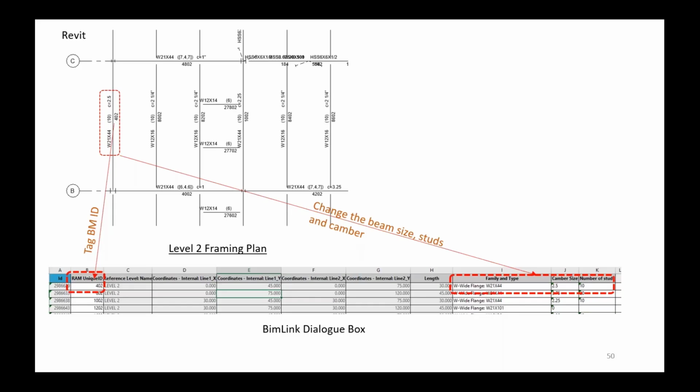Notice that I have successfully made the change, and I have added a tag for RAM ID. So tag the beam, change the beam sizes, change the camber and stud counts, all within this BIM link environment. Next slide, please.